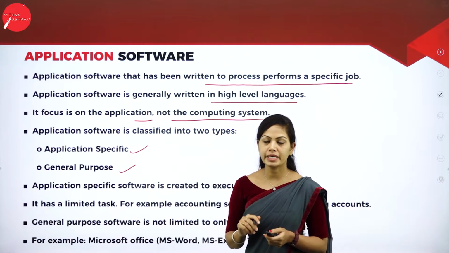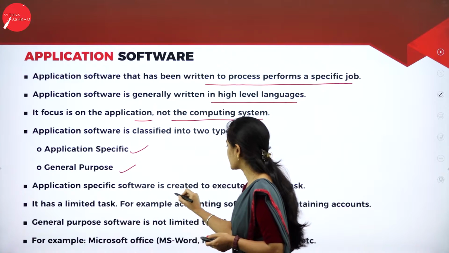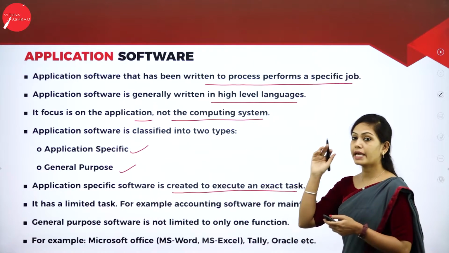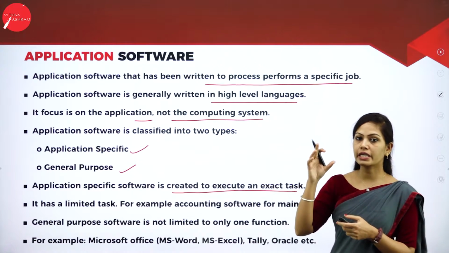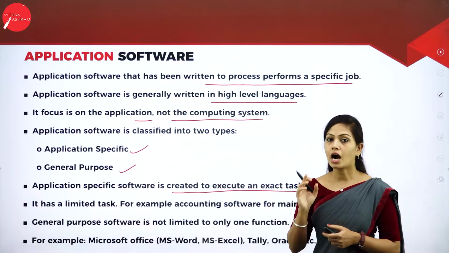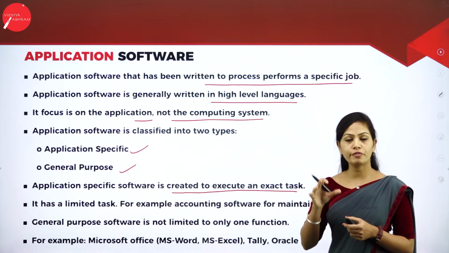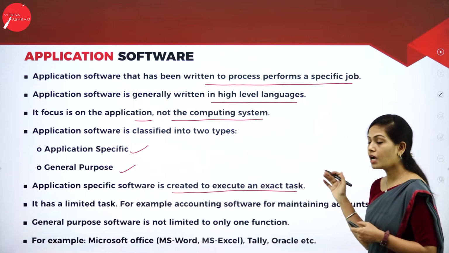So what is application specific? Application specific software is created to execute an exact task. For example, accounting software. Accounting software is prepared only for the particular task of maintaining accounts.